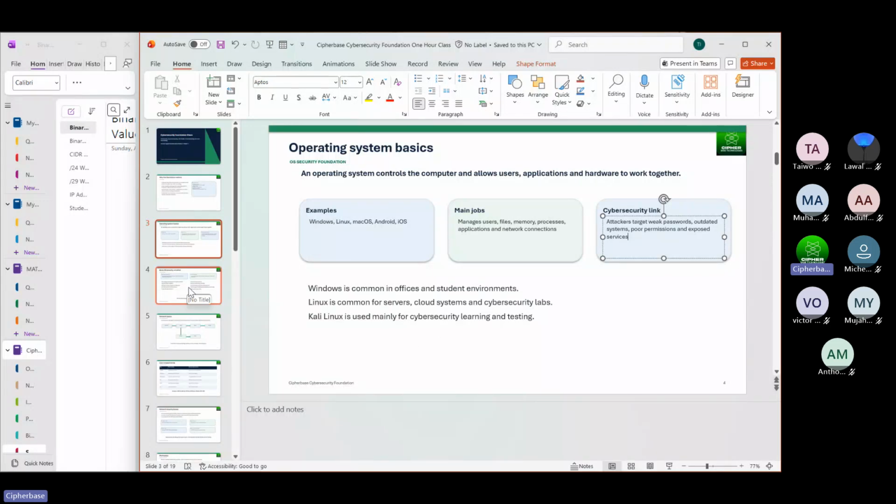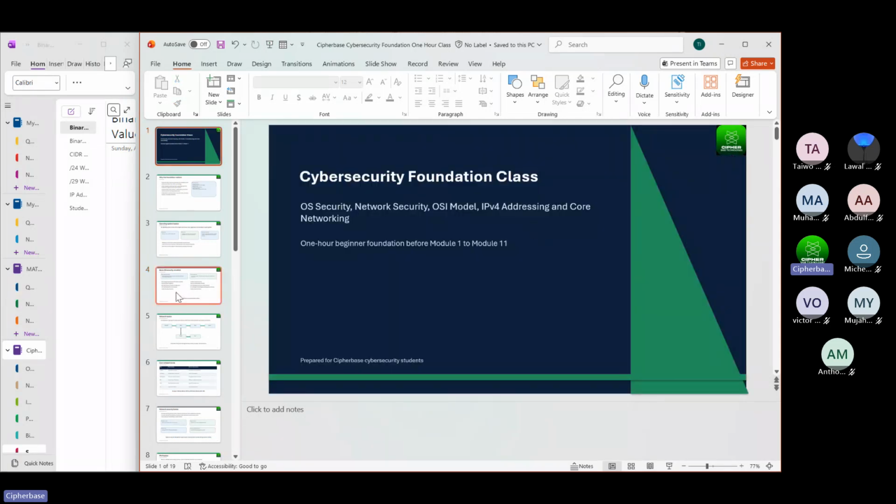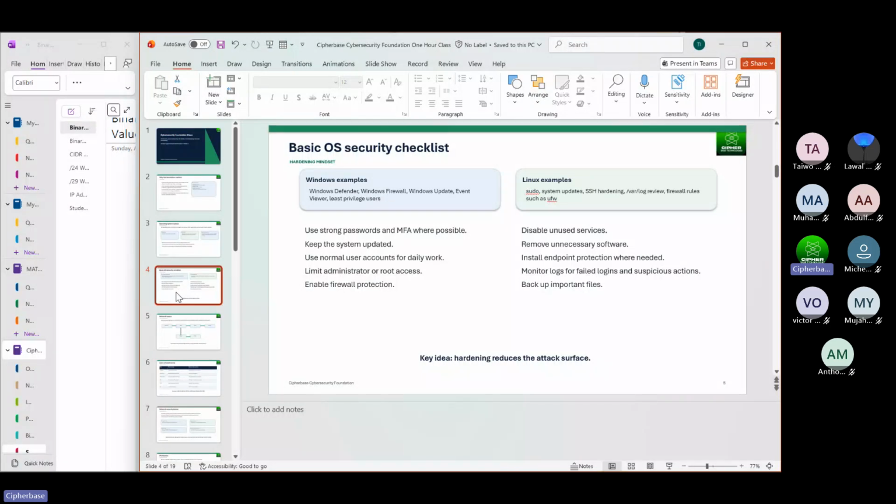Then we move to the next: basic operating security checklist that we need to understand. In a workspace environment, you don't just join a computer to a server.